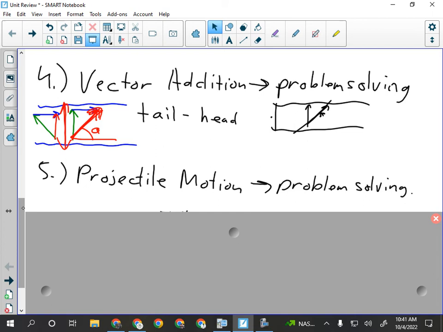So on your unit exam, there are 17 multiple choice questions. The multiple choice questions ask fairly straightforward things, or they're checking your understanding. Calculation is only a very small part of them. If there is a calculation, it's incredibly straightforward.